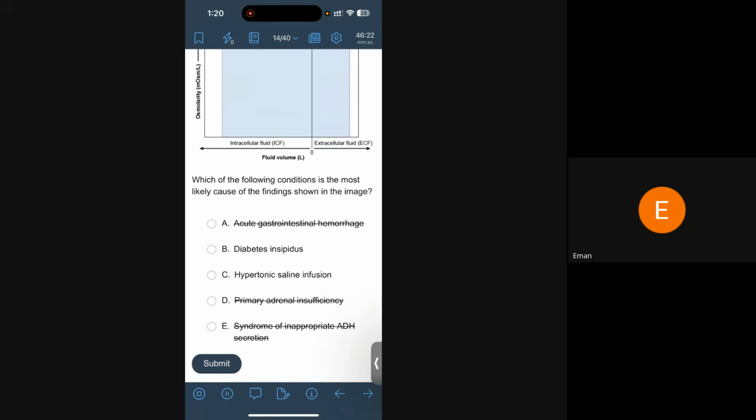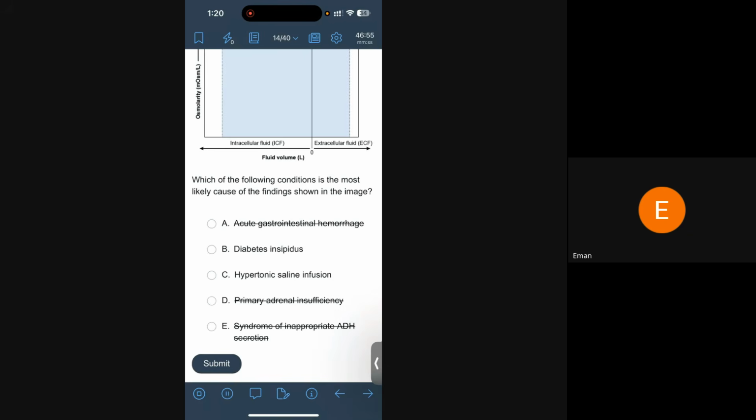Now you have to tell me what will happen to the osmolarity in diabetes insipidus. It would be high, because you are losing a large amount of free water from the body. ADH is no longer present to conserve the water.